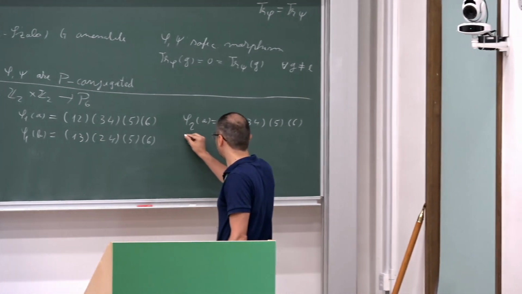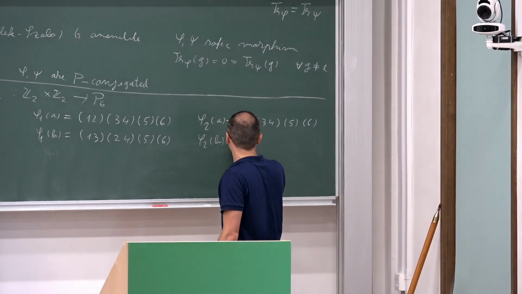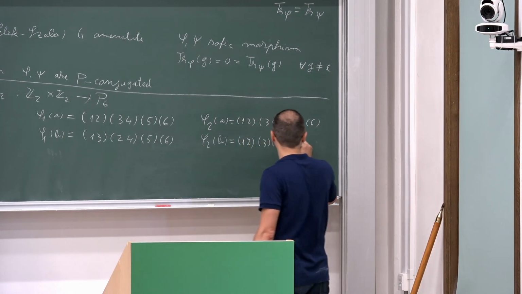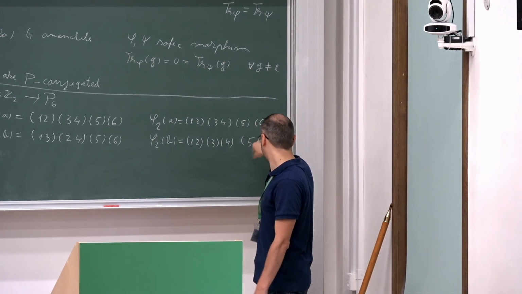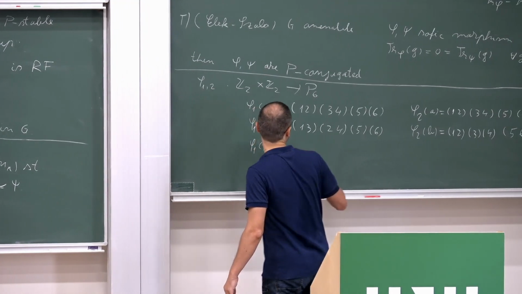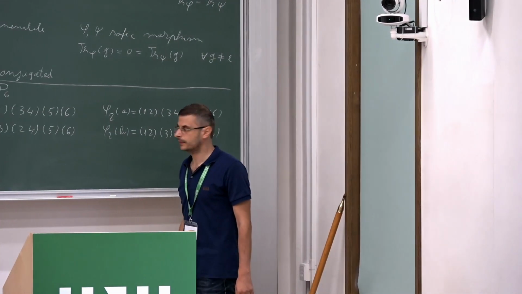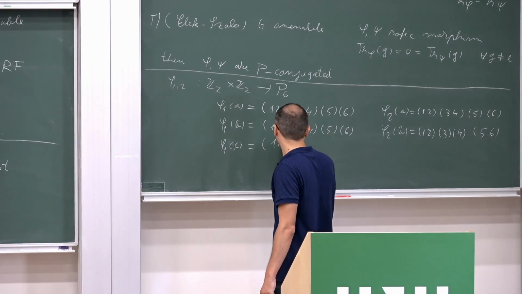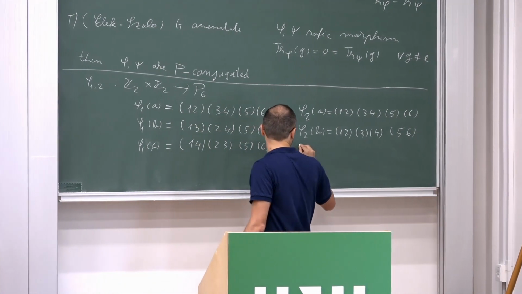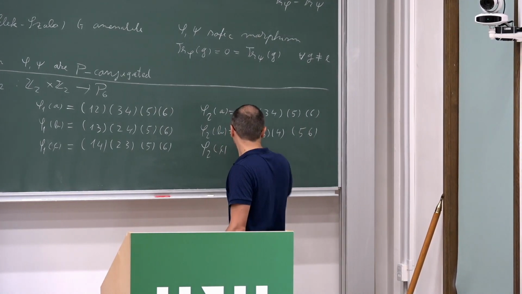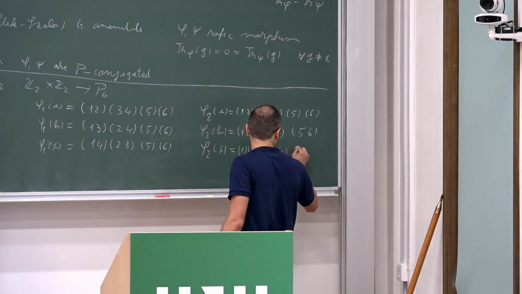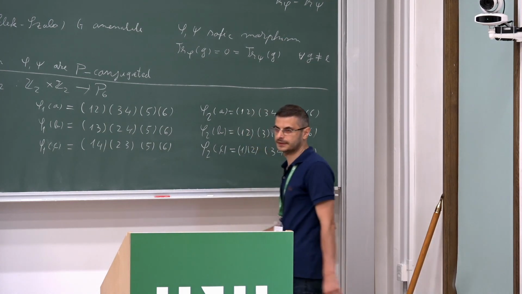Again, 5, 6 are fixed points. And Phi2 of B, I'm keeping 1, 2 as a cycle, and I'm using 3, 4 as fixed points. And now I'm making 5, 6 a cycle. And Phi1 of C has to be the product of these two permutations. If you do the computation, you'll see that it is 1, 4, 2, 3, and 5, 6 are fixed points. And the same thing here, the product, which will be 1 and 2 fixed points, 3, 4 a cycle, and same 5, 6.